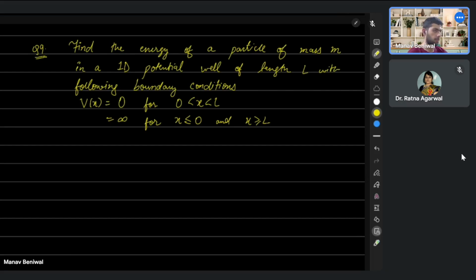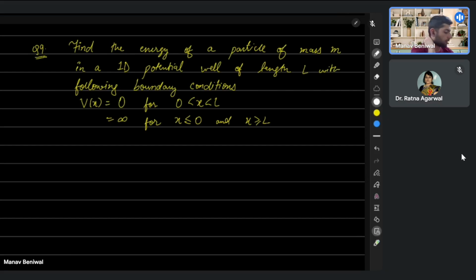This is the standard 1D potential well, and you might also know the answer right off your head, but because this was not solved explicitly in the class, I thought maybe I'll put out a solution in case anyone doesn't know.